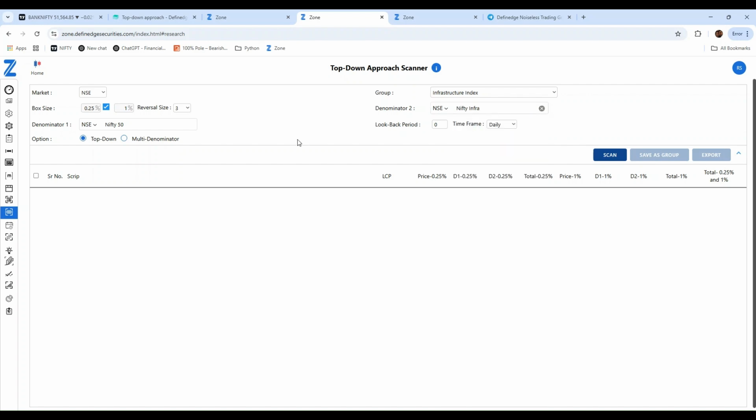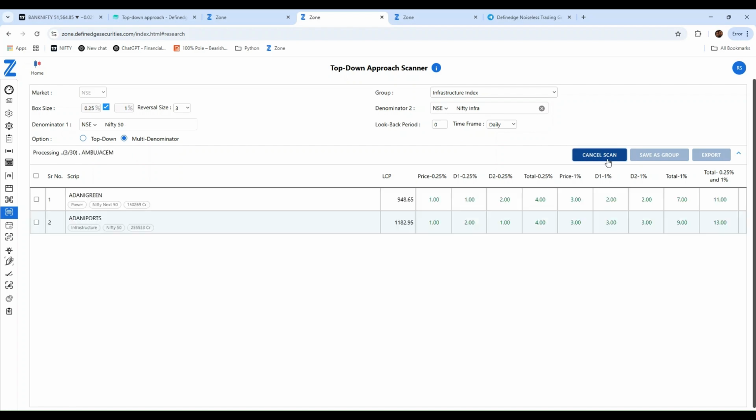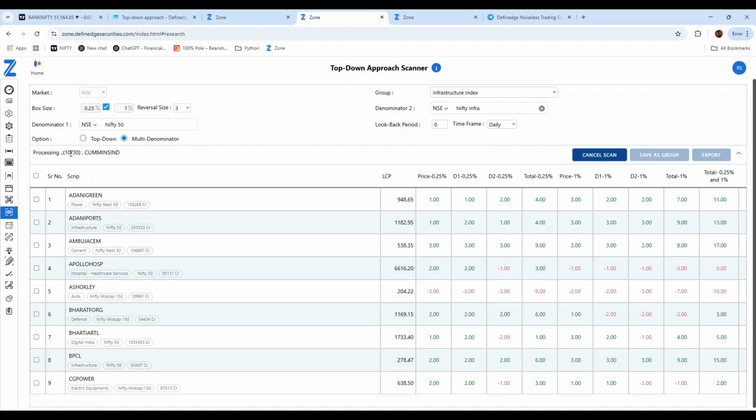Nifty Infra is there. So I've taken Nifty 50 and the infra. So it should be underperforming its sector as well as the broader benchmark, which is Nifty 50. And it's a multi-denominator and multi time frame analysis. Let me have a quick check. There are 30 stocks here. We are going to look for bearish opportunities.